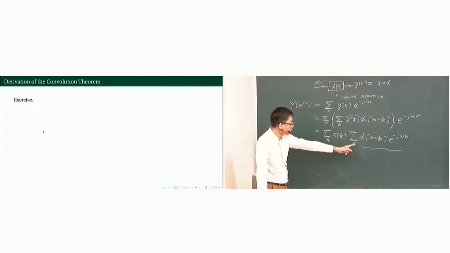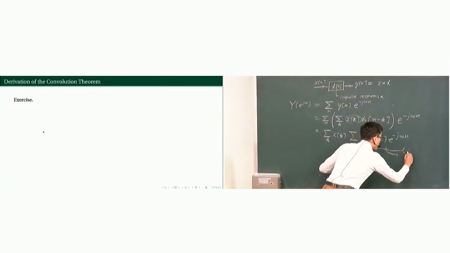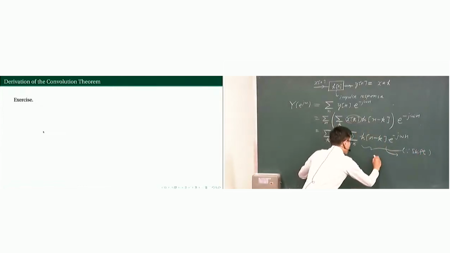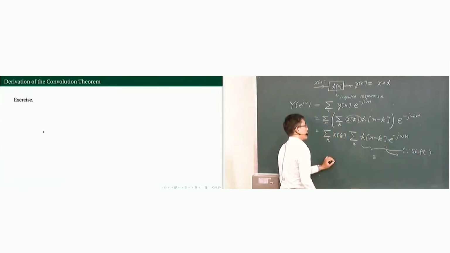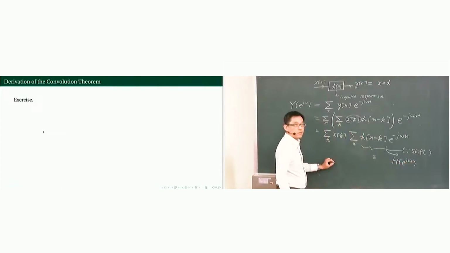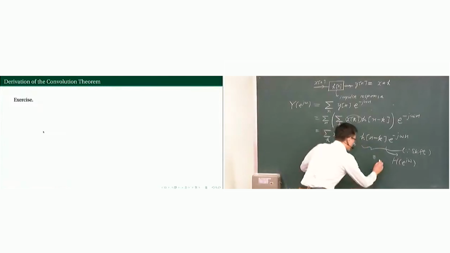Because of the shift theorem, we know that this term equals the spectrum of h, but with a linear phase term. As far as n is concerned, k is a fixed number.